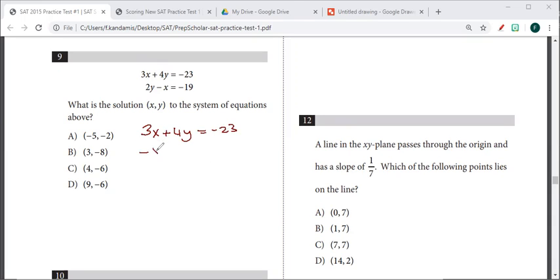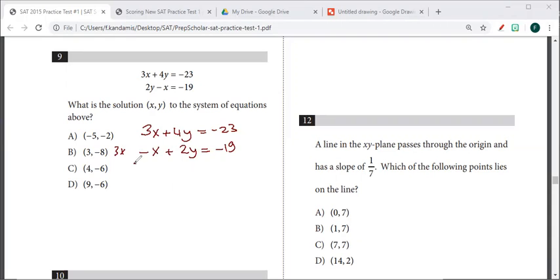So I'm just writing minus x plus 2y equals negative 19. Now I see x values underneath each other, y variables underneath each other, so we're just going to solve it. You can multiply the second equation by 2 to make the coefficients of y equal, or you can multiply the second equation by 3 to make the coefficient of x minus 3. Both work. Let's multiply it by 3 here.